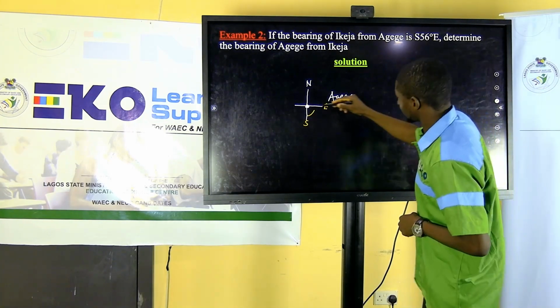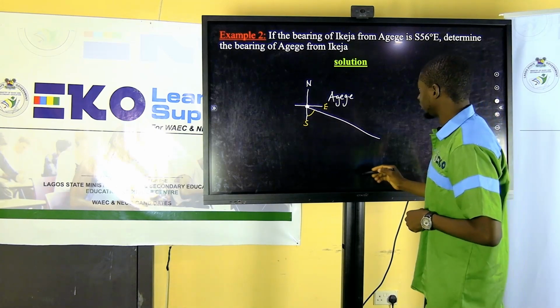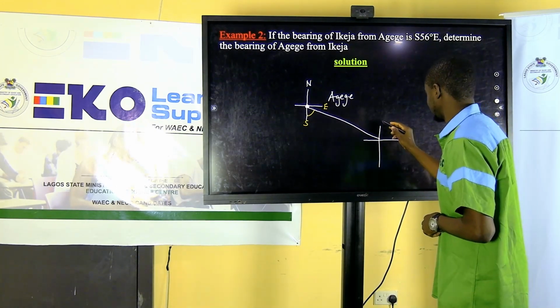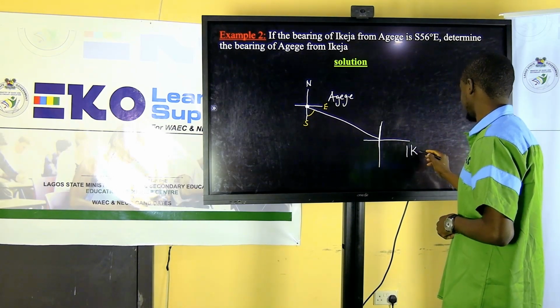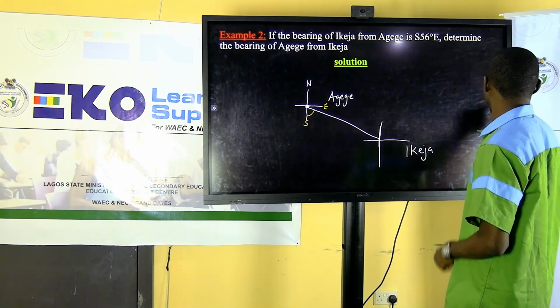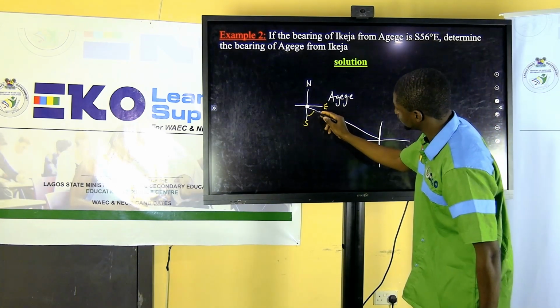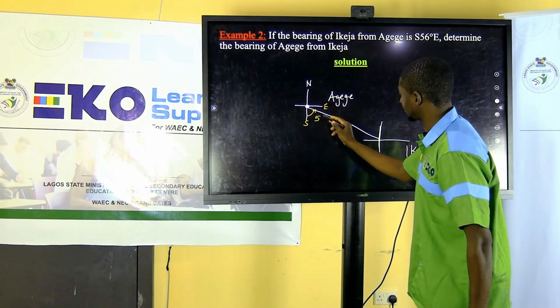So now, this will then be Ikeja. So our interest here is this angle southeast, which is 56 degrees.